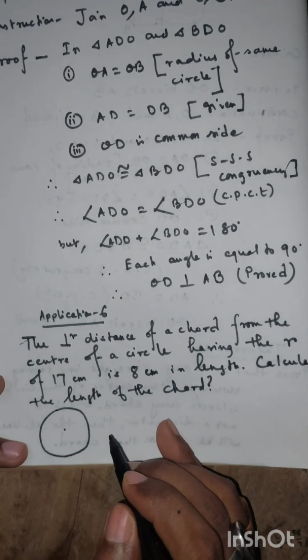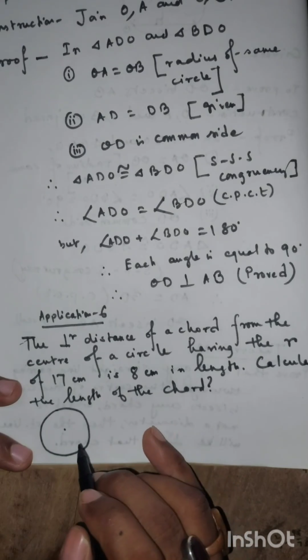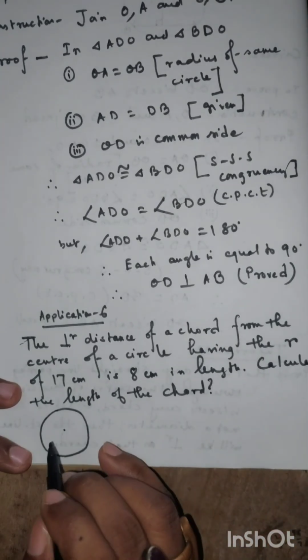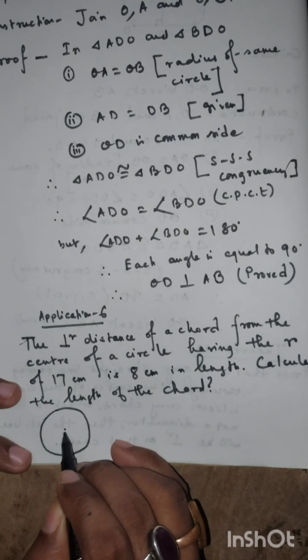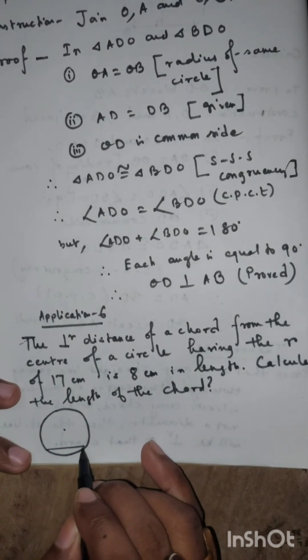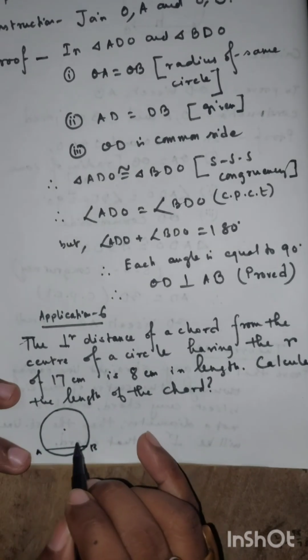The perpendicular distance of a chord from the center of a circle having the radius of 17 centimeter. Okay, so the radius is 17 centimeter and the chord, we don't know the length of the chord.